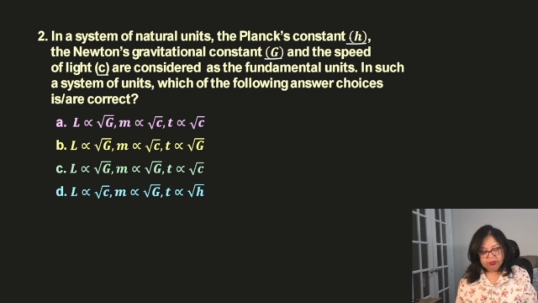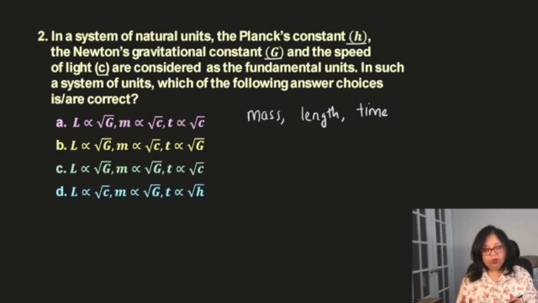So normally we consider mass, length, and time to be our fundamental physical quantities. In this problem, we're told that instead of mass, length, and time, consider Planck's constant, lowercase h, Newton's gravitational constant, uppercase G, and the speed of light, lowercase c.